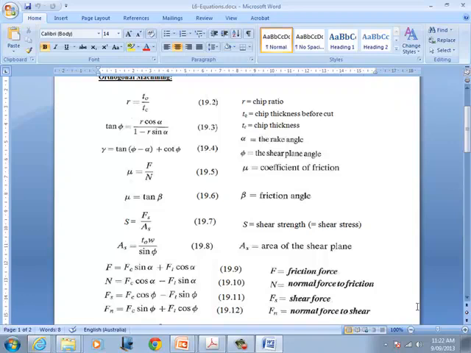And also TO, we had TO in the previous problem, which is equal to 0.5 millimeters. These are also given in the previous problem, using computation of the same problem.